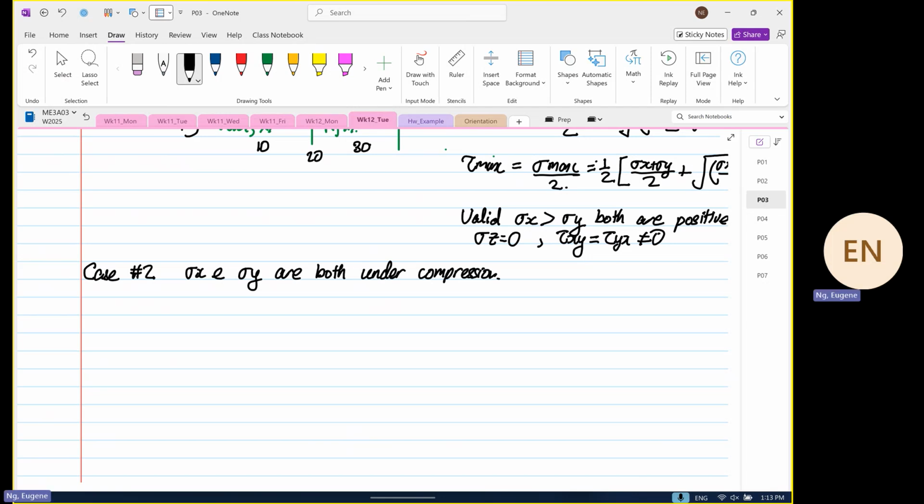When that is the case, when it's under compression, okay, so I'm just going to draw the element. So now both elements are in compression.